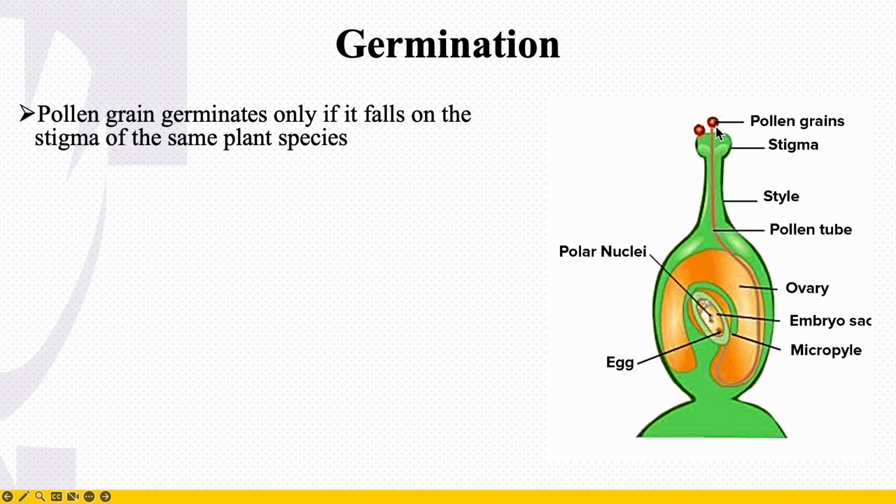One thing that's important about this pollen grain, there are certain signals inside, certain chemicals and certain reactions that act as indicators so that the plant knows if it's self-pollinated or cross-pollinated.